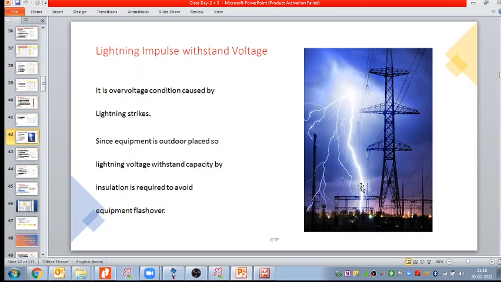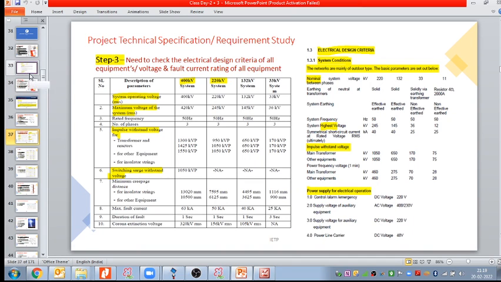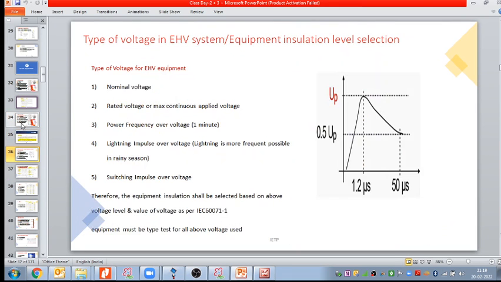Based on the height, they have provided how much voltage this equipment should withstand without flashover. That is the significance of this lightning impulse voltage. Let me come back to the slide. The equipment will not flash over.